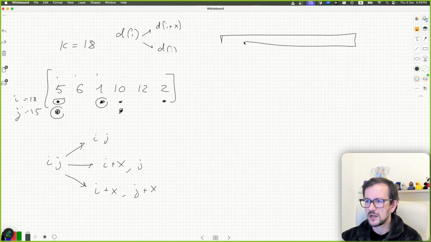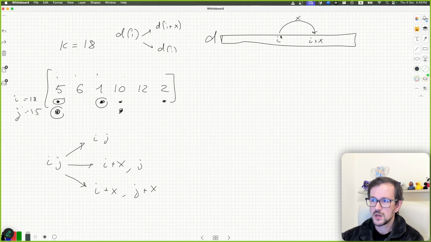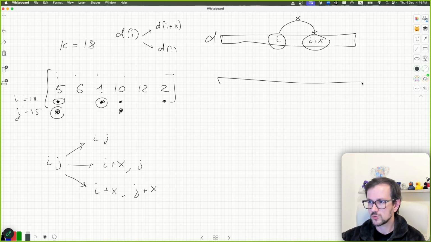So you just make array d, and from d[i] you want to update d[i+x]. So you take volume x, go from here and update this value. And since you only have one coin, you don't want to go here to i+x and then from here update i+2x.